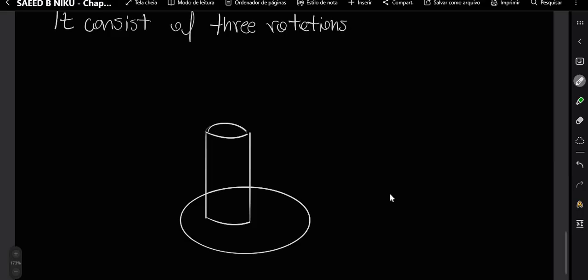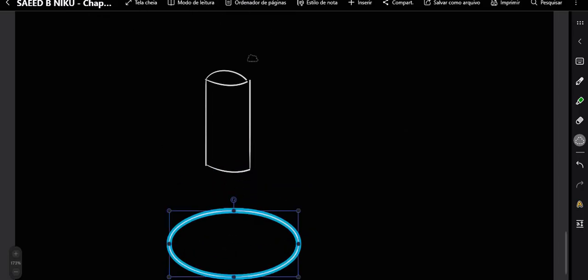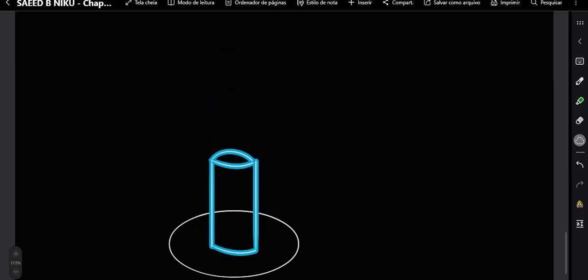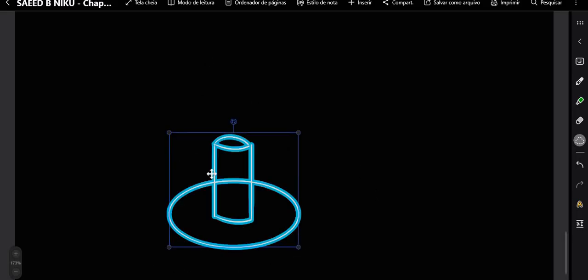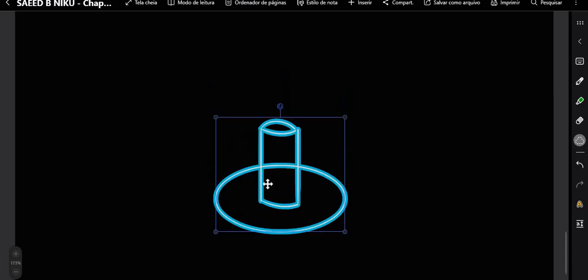Okay, so we got the base, we got the cylinder, which will rotate. And we already have talked about the geometric figure which represents the robot, the way that this robot is allowed to move in three-dimensional space.